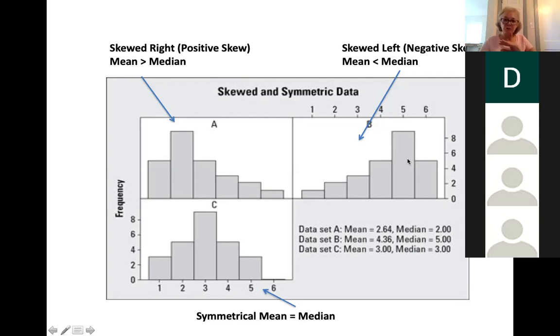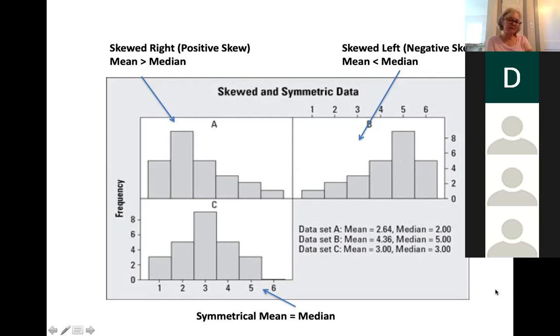So when it is skewed to the left, skewed to the low end, the mean is less than the median. Symmetry, the mean and the median are the same.